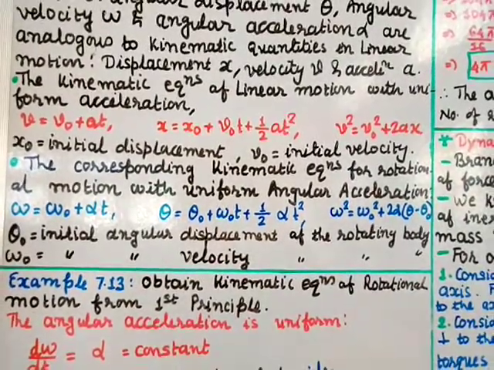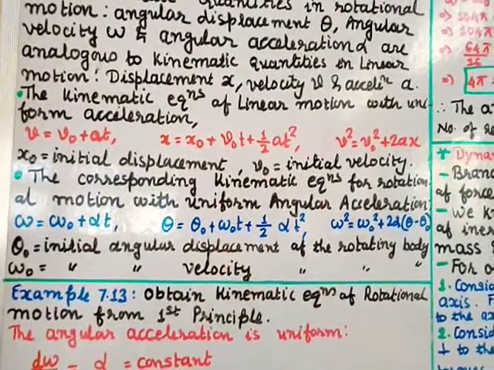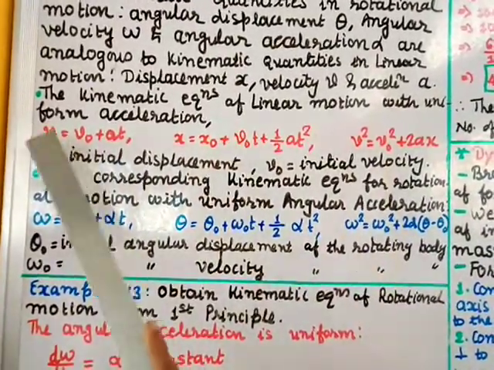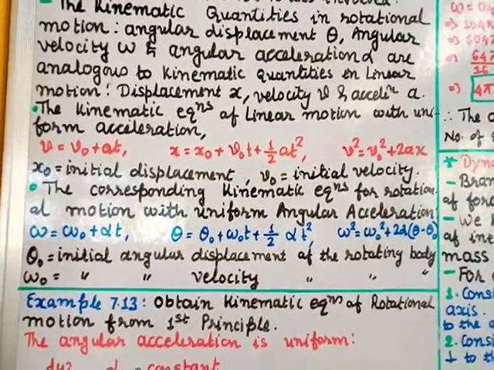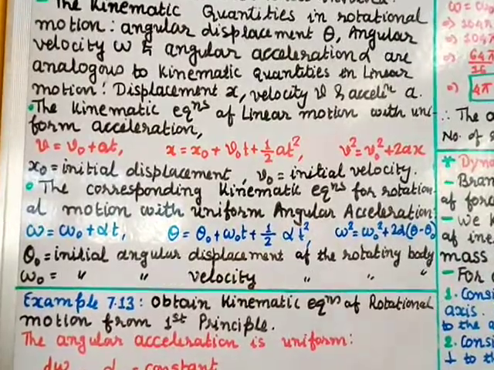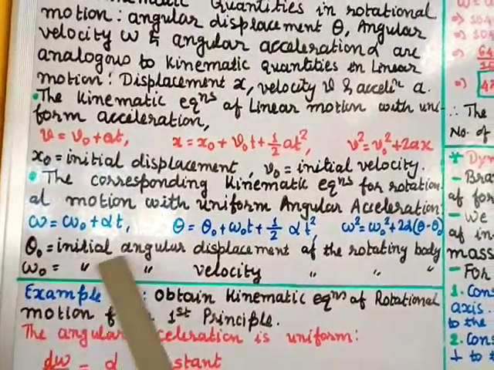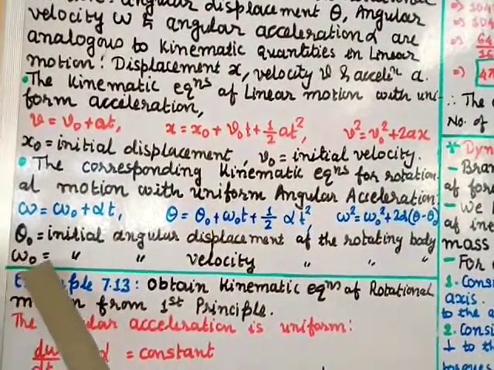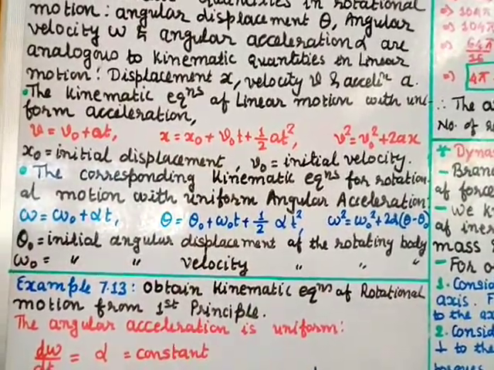These three equations are similar to the kinematic equations of linear motion. Here theta naught is the initial angular displacement of the rotating body, and omega naught is its initial angular velocity.